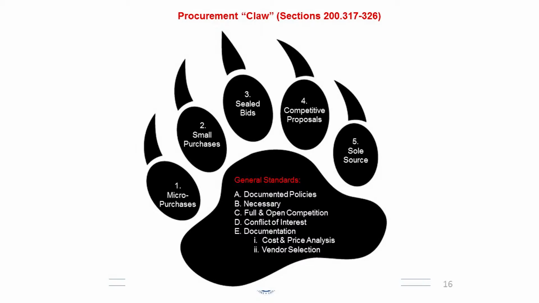Full and open competition: depending on the method you're using, there's a degree to which you need to make sure you're using full and open competition, but there's a preference for that throughout. Conflict of interest: dating back to the conflict of interest policy, you can't have conflict of interest in your procurements. And depending on the method you're using, documentation of your cost price analysis and ultimate vendor selection.